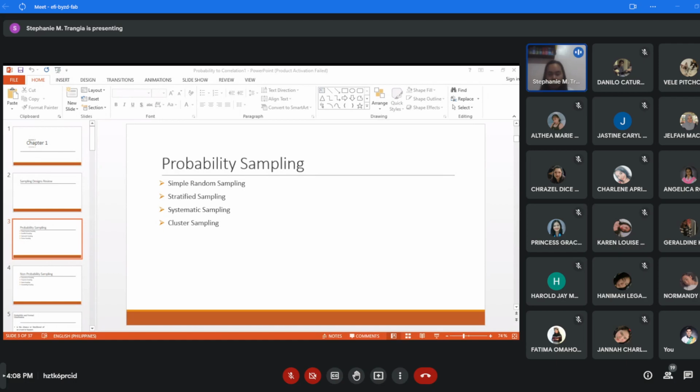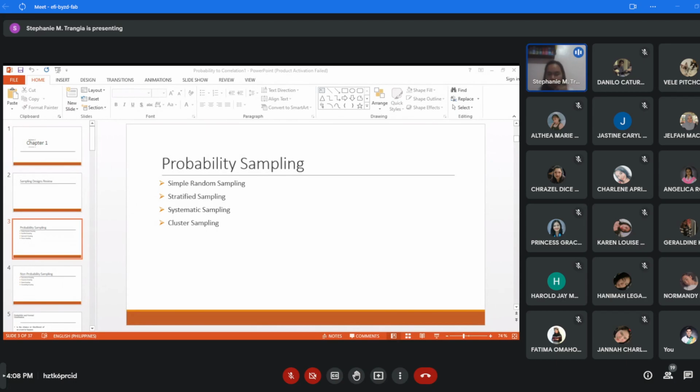Because when you do random sampling or probability sampling, you must have a frame in hand. A frame is a list of your respondents. The list of your respondents will then be used. If you use simple random sampling, step 1, write each name or number, then put it in a fishbowl, draw, and select your respondents.